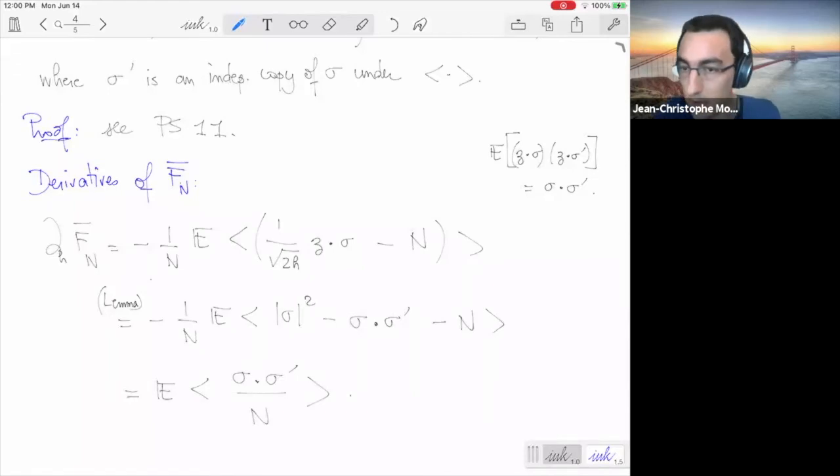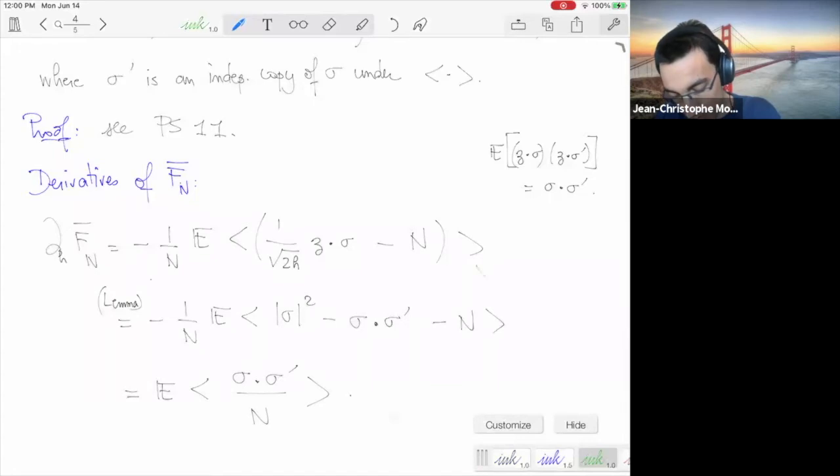Just maybe I was a bit too quick with using this notation, so let me clarify it. This bracket here is the Gibbs measure with respect to our energy function.